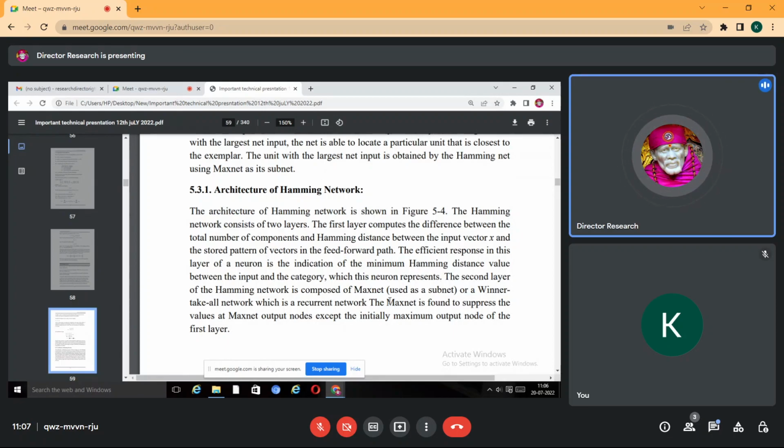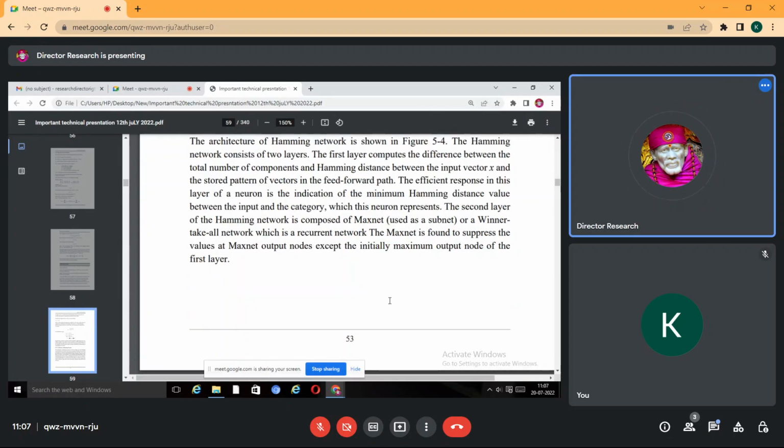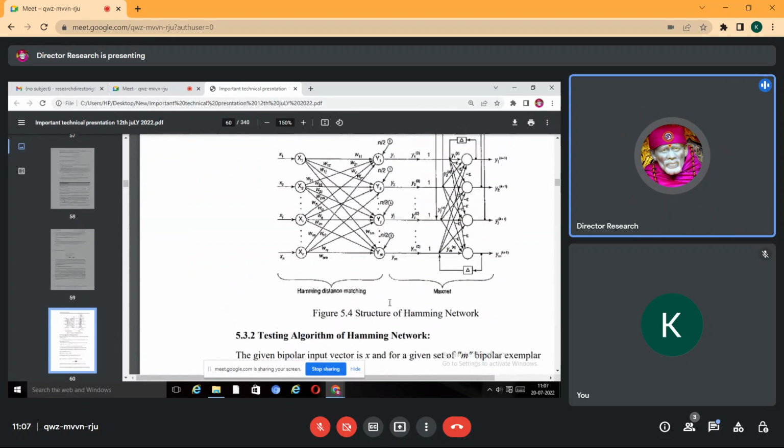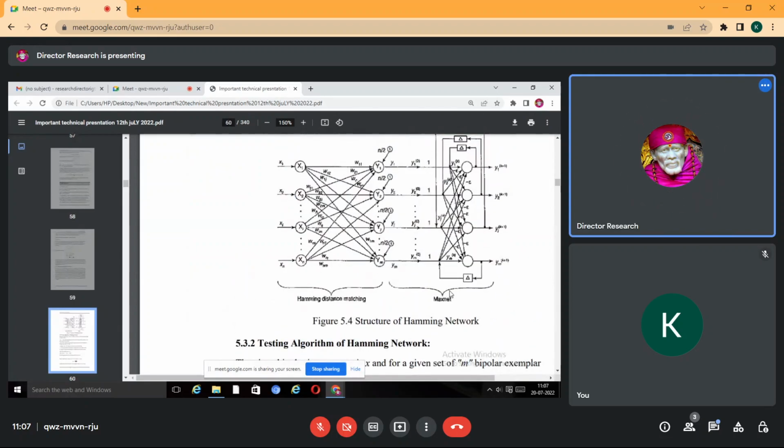The second layer of the Hamming network is composed of MaxNet, called a subnet. The winner of all networks, which is a recurrent network, the MaxNet is focused to suppress the values of the other output nodes except the initially maximum output node of the first layer. See the diagram, structure of the Hamming network. I want to enlarge this structure.